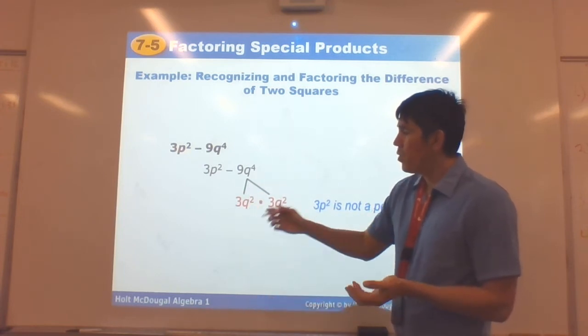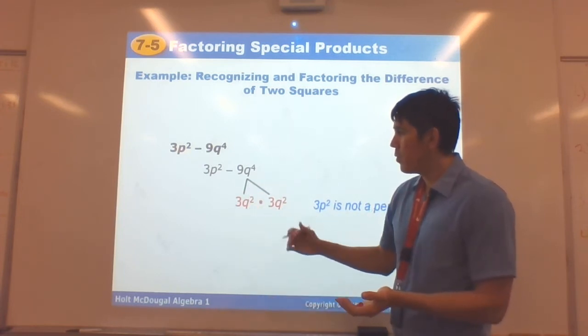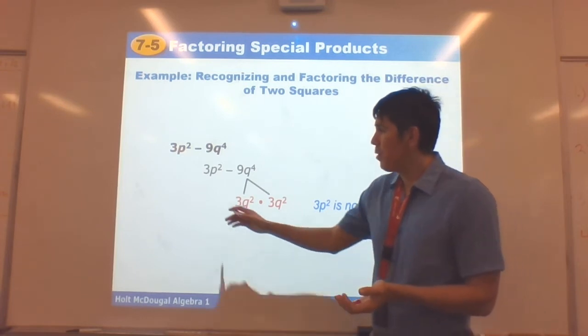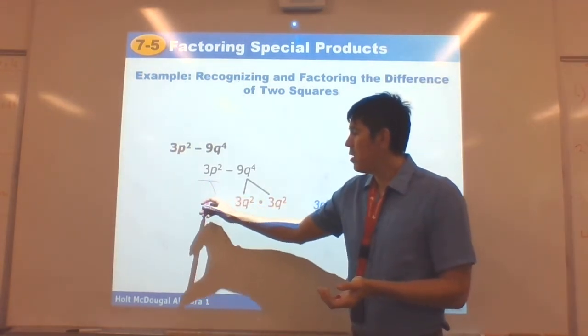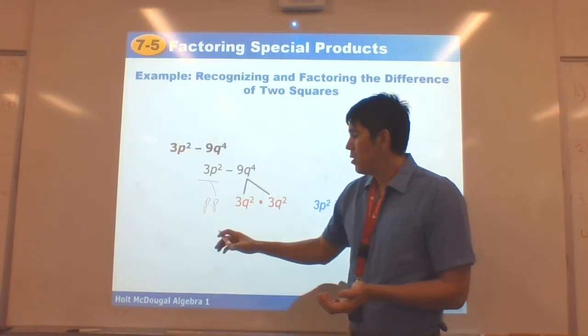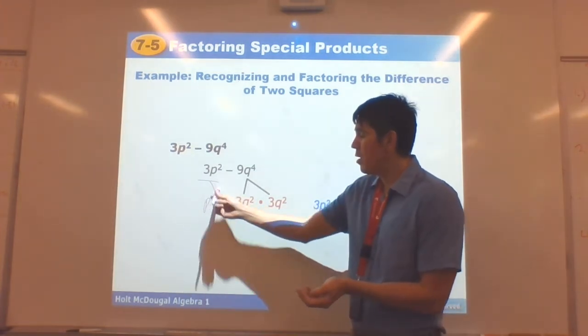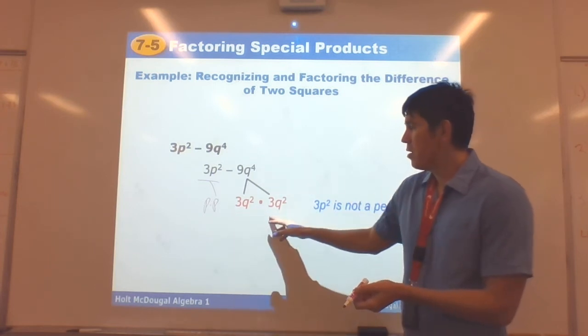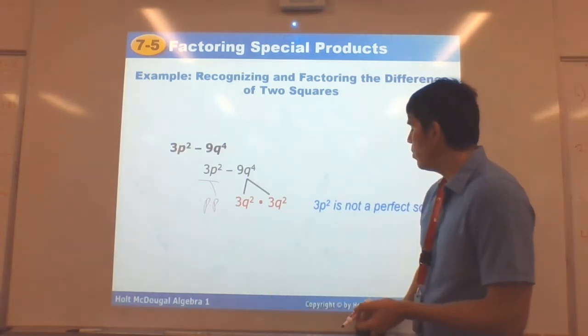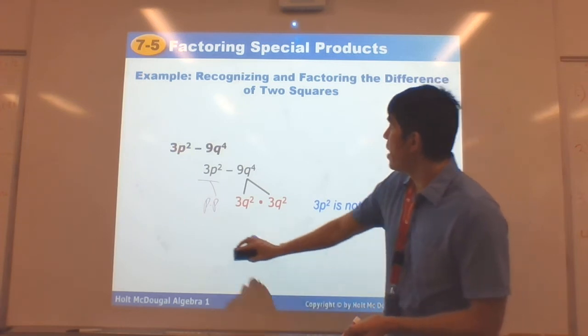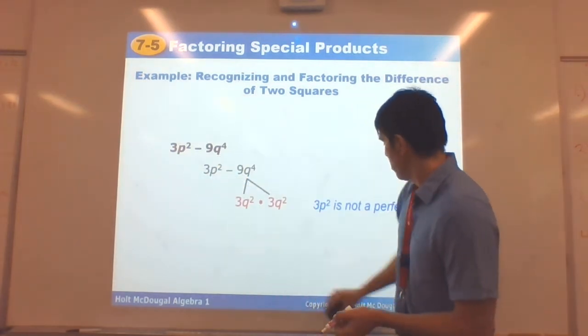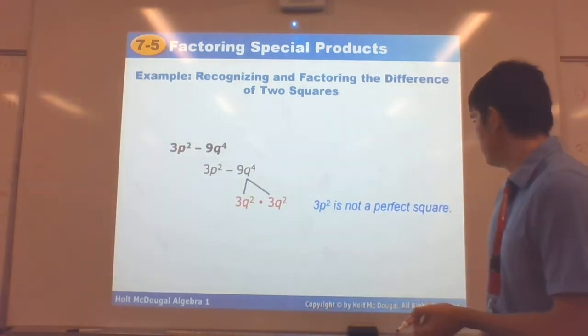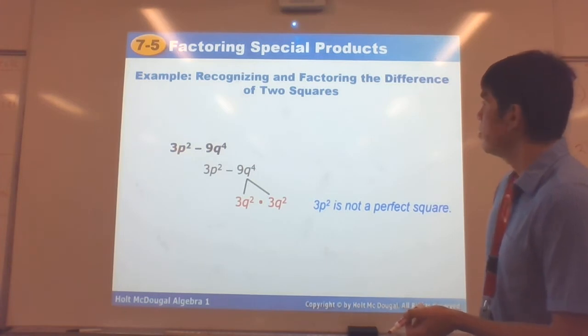However, the 3p we can't break up like we broke up the 9. The only thing that's a perfect square here would be your p, p times p. So you could break up p and p to get p squared, but you can't break up 3 where it's going to give you a perfect square. So, guess what? No, this is not a factorable binomial.